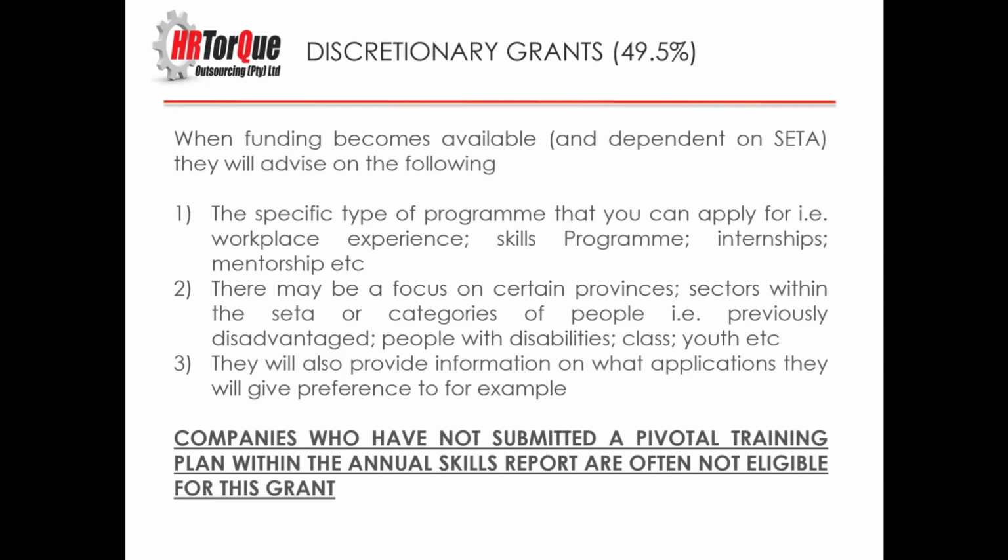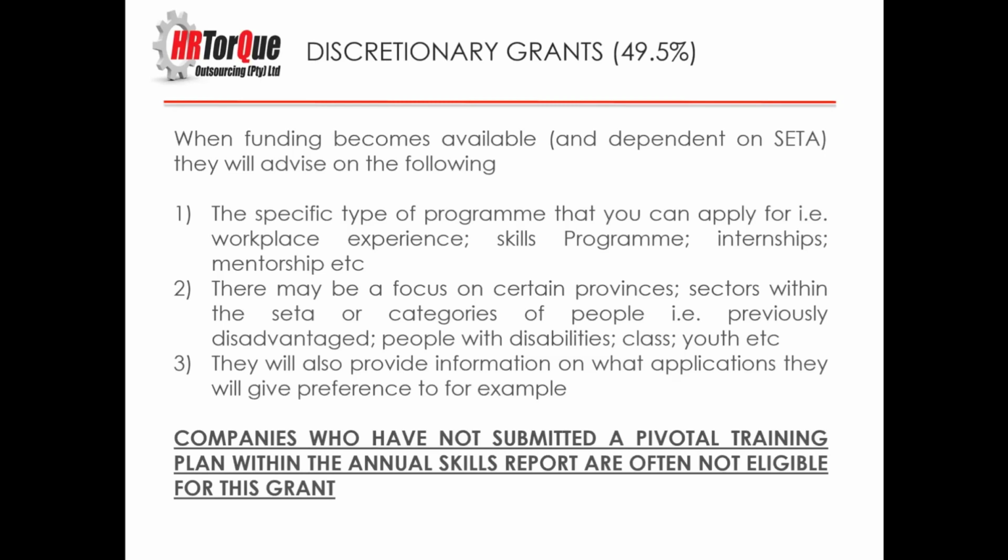So if you recall, in the beginning what I'd said is that as an employer, it's very important that you are in the CETA that aligns to your business. Because as you can start to see now, the discretionary grants in a particular CETA are going to be aligned to the skills development and the skills shortages of that CETA.